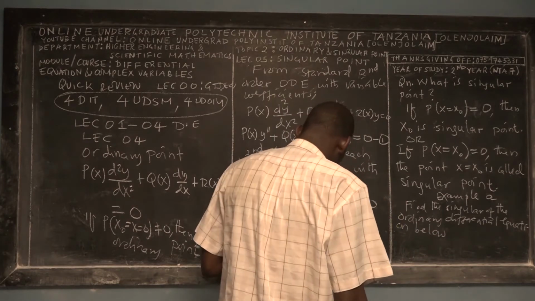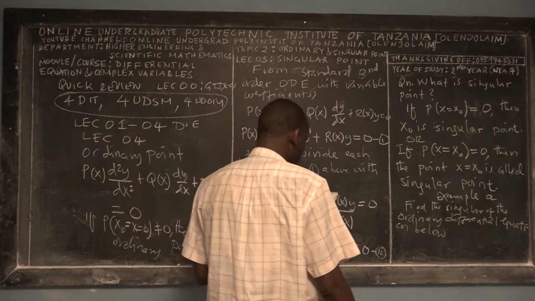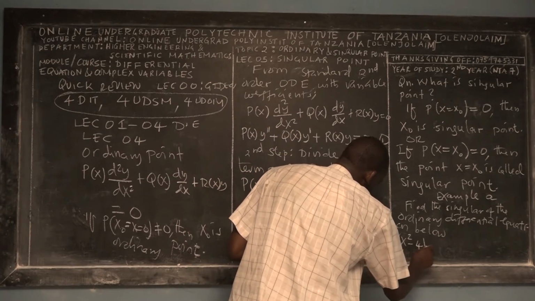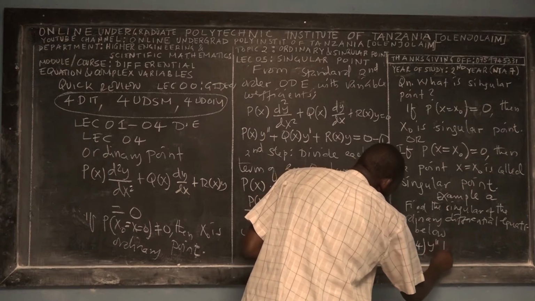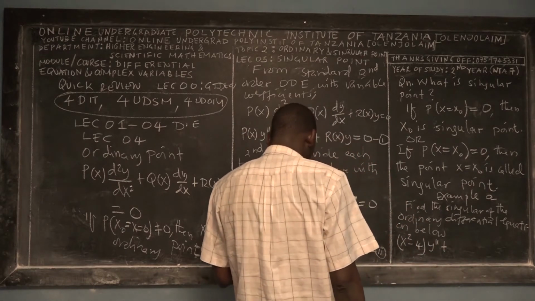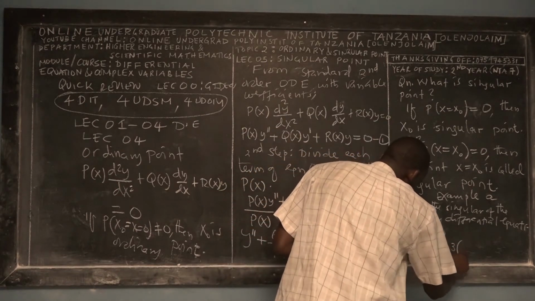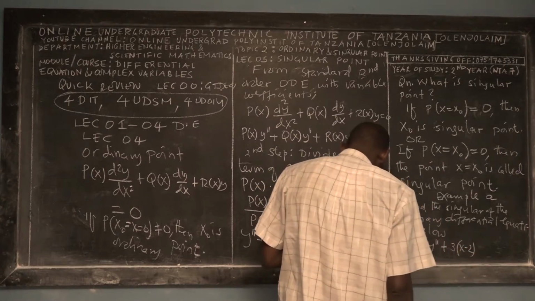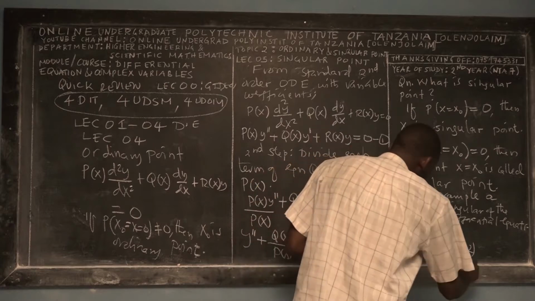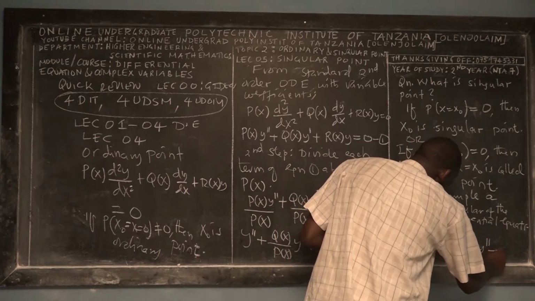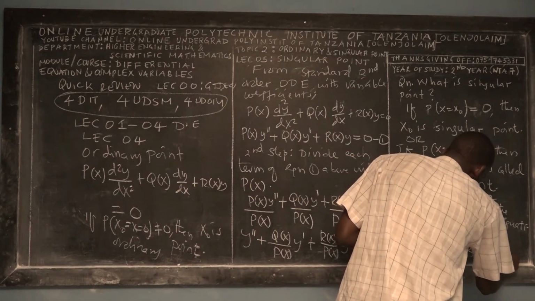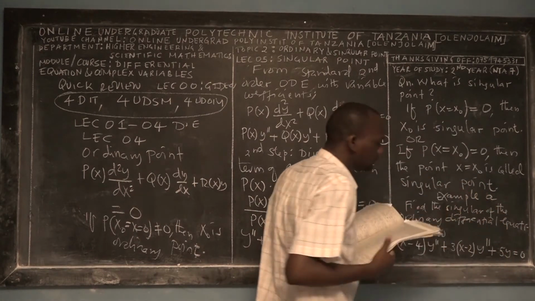So this is x squared... I'm teaching you how you can find the singular point of a differential equation before even classifying it, whether it is regular or irregular. I will teach about classifications of the singular point later. 5y is equal to 0.